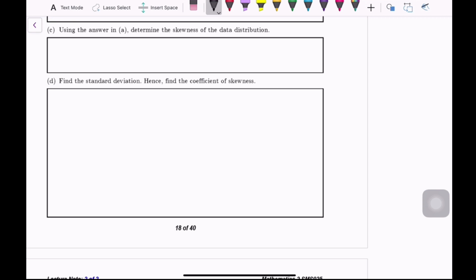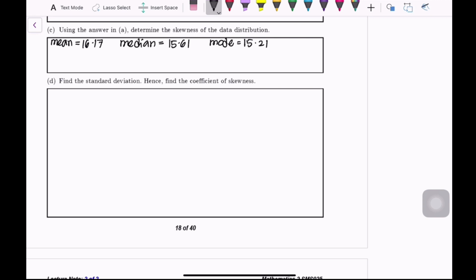Question C. Using the answer in A, determine the skewness of the data distribution. From A, the mean is equal to 16.17, the median is equal to 15.61, and the mode is 15.21.